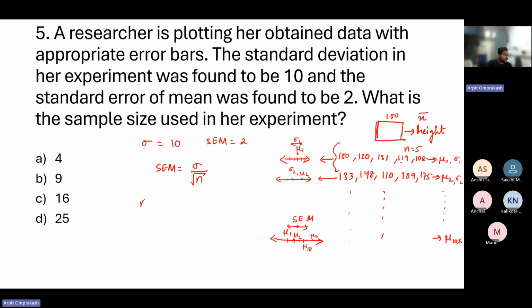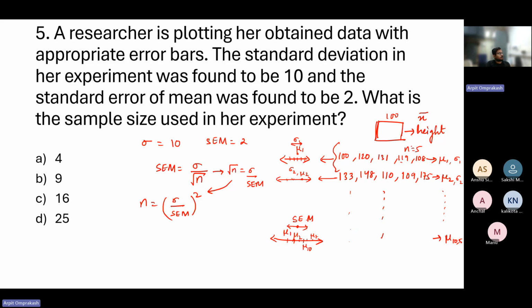So if we take n to one side and bring the standard error of means to the other side, we get sigma by standard error of means, and we have to square both sides. So n is equal to the square of sigma by the standard error.